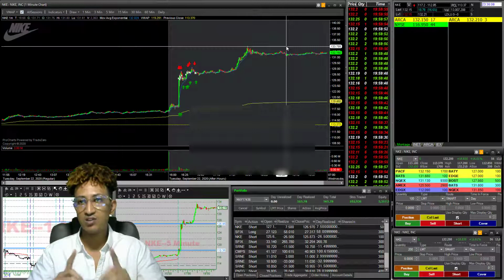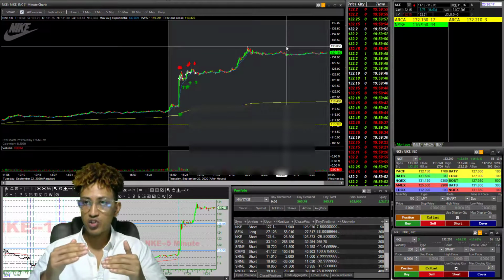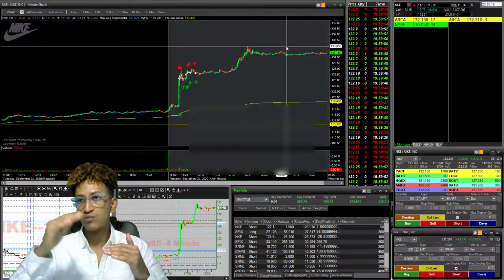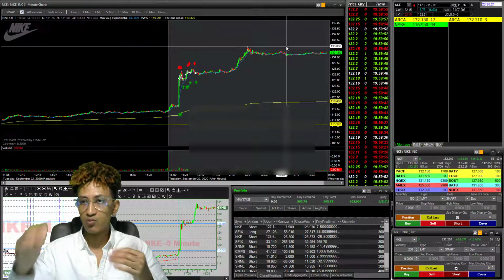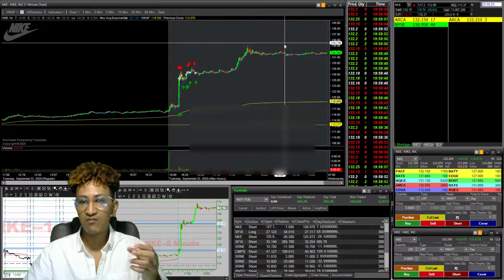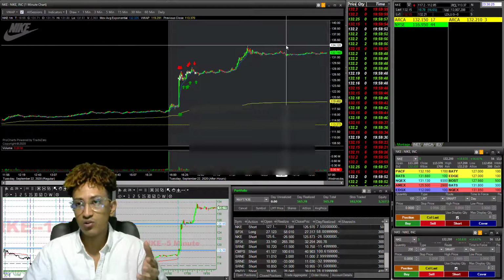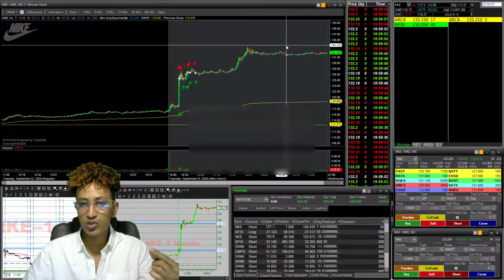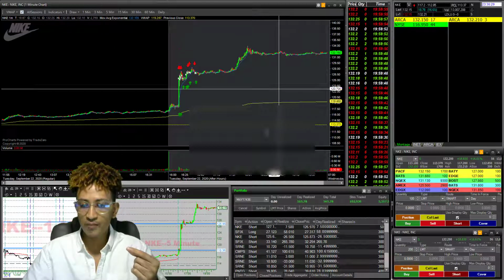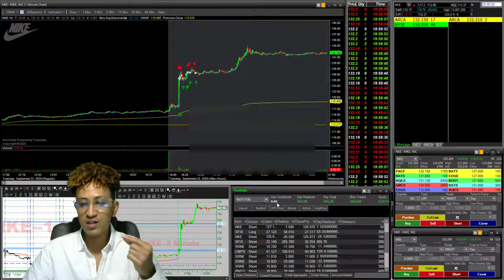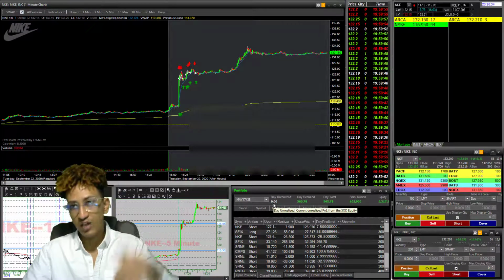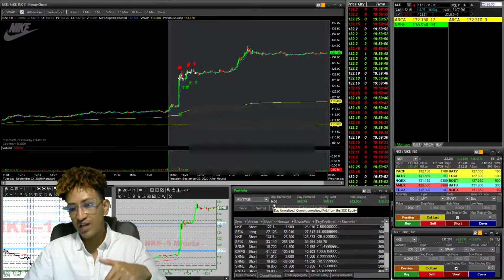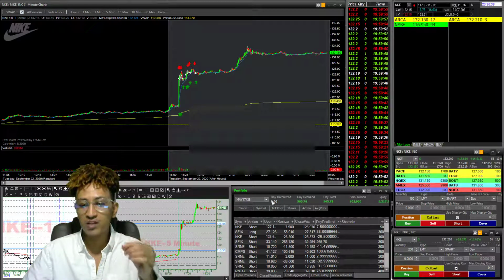Since you have 100 shares, and they all gained $1 per share profit because the price has risen to 131, it means you have gained $100, because you've gained $1 for each share that you own. That would show on the daily unrealized. And if the price goes down to 129, then it would show minus $100.